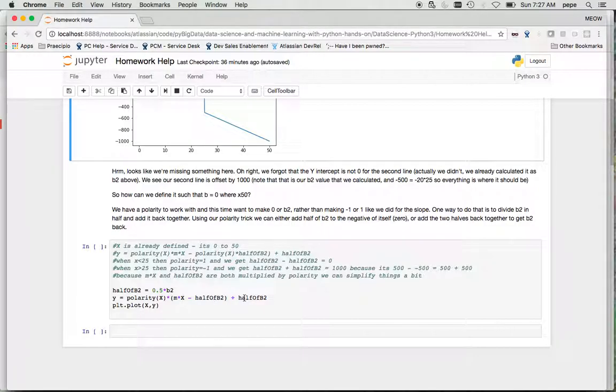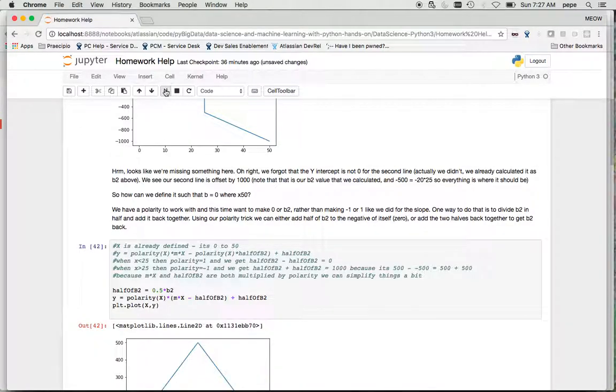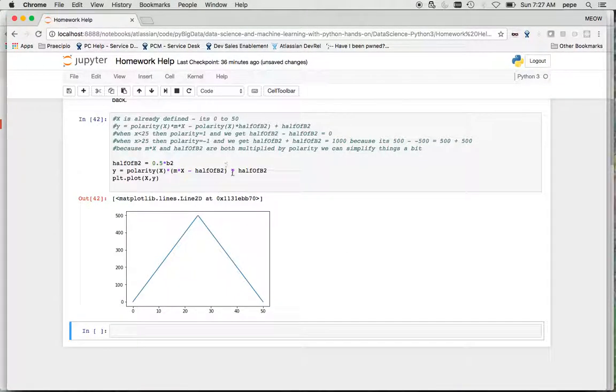So again, in effect, what's going to happen is when x is less than 25, half of b2 is going to be a negative term, which then added to half of b2 comes out to 0. When we're greater than 25, our polarity is negative, so half of b2 will become positive. This minus and negative becomes positive. We add it back to the other half of b2, and we get our b2 value back, 1,000. So by applying that little trick, we're able to offset our second line by 1,000 and draw our triangle.